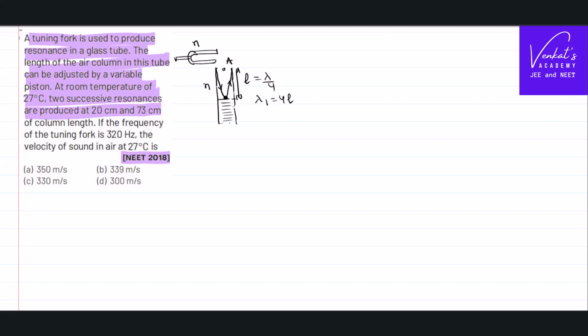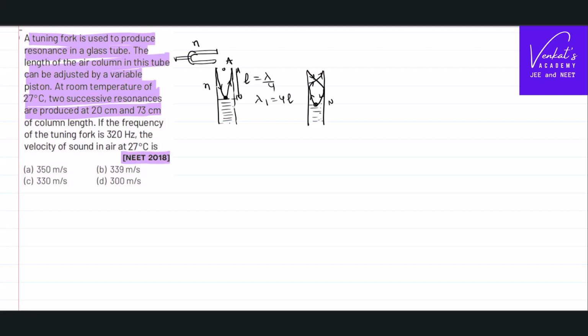Now I can write the next possible way of vibrating. The same closed pipe can vibrate in such a way that sound can go this way and return back this way. This is one more possibility. This is where the next resonance comes.